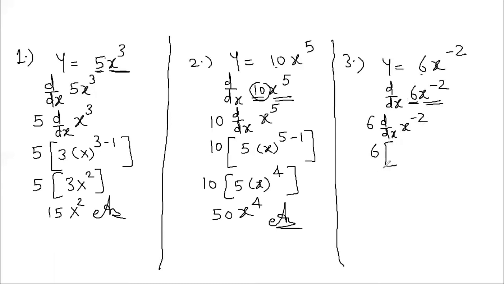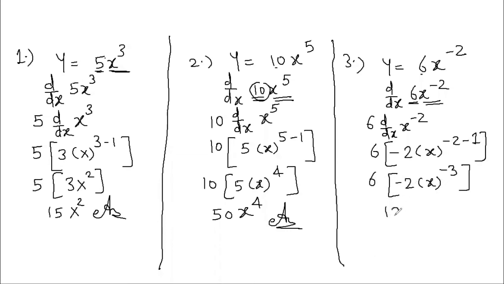Please put the bracket here before solving, because we have 6 already here, so we have to separate them with the help of the bracket. Now x to the power negative 2 differentiation is negative 2, x to the power negative 2 minus 1, right? Now this is 6, negative 2, x to the power negative 2 minus 1 is how much? Negative 3. Can I write it? 6 multiplied with negative 2 is how much?